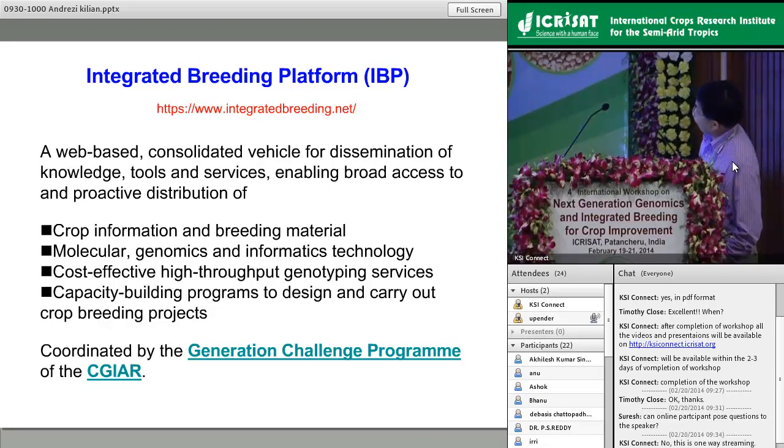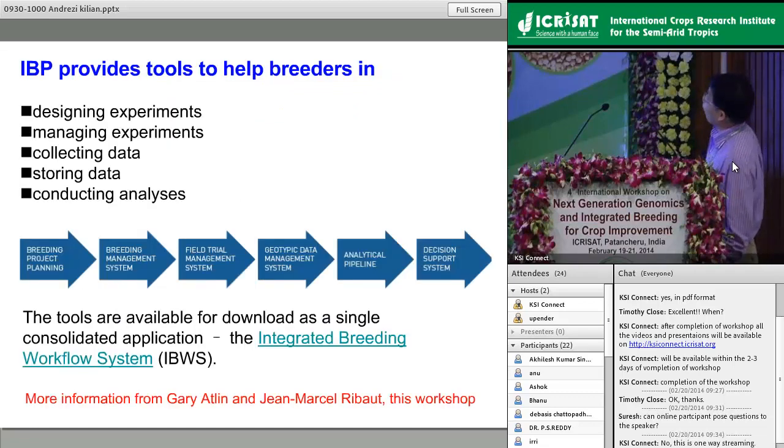I guess Jean Marcel is going to talk about this more. With that, we hope the IBP will give us a complete package of the whole decision supporting tools. These are the IBP tools under development for different purposes.